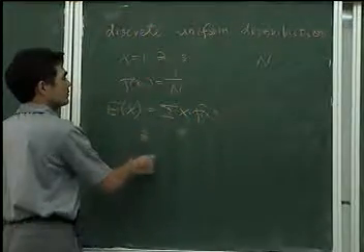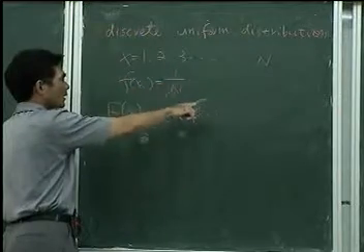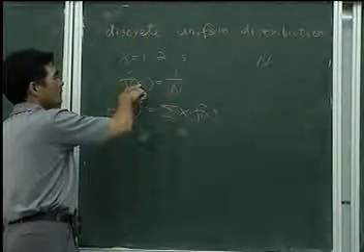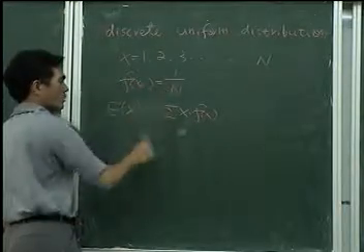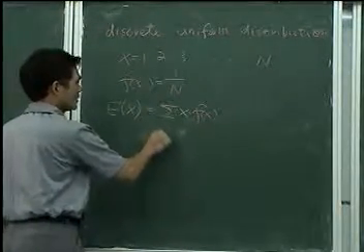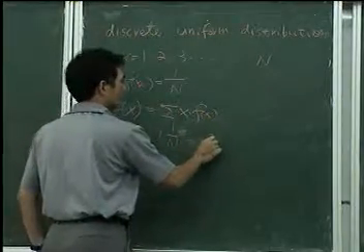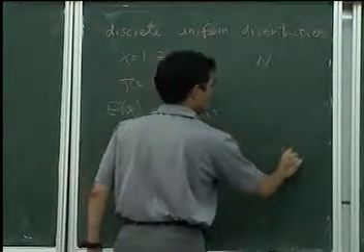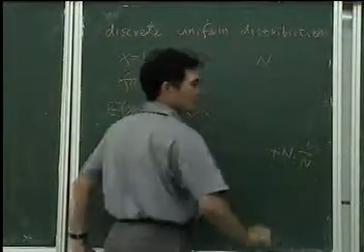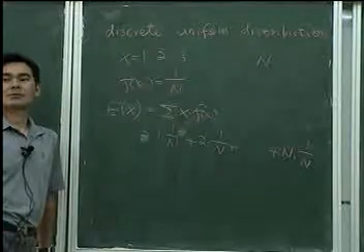And in this case, we have 1, 2, 3 up to n, and f(x_i) for any x in this distribution is 1 over n. So it will be 1 times 1 over n plus 2 times 1 over n and plus n times 1 over n, right? Any questions here?